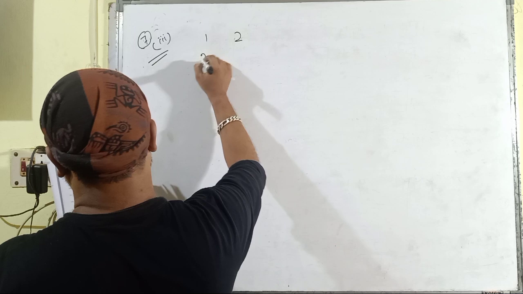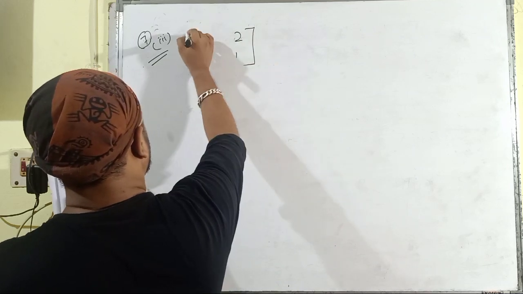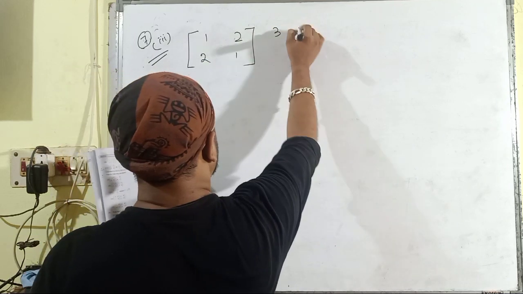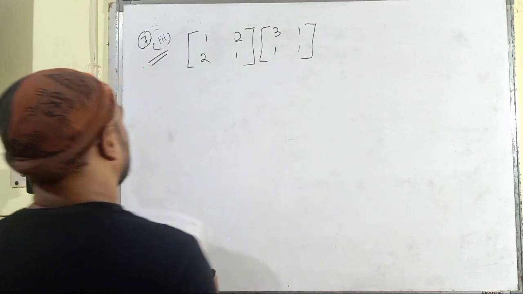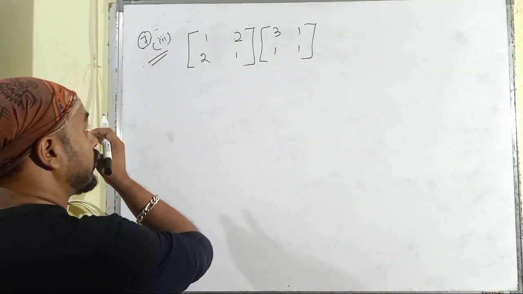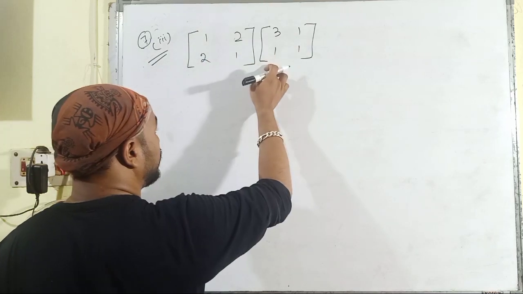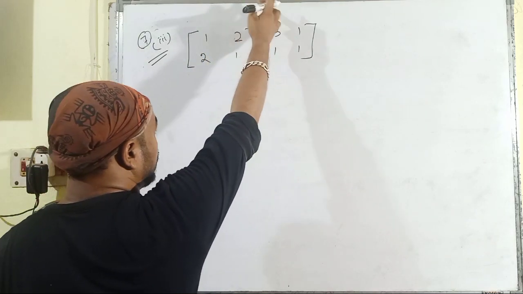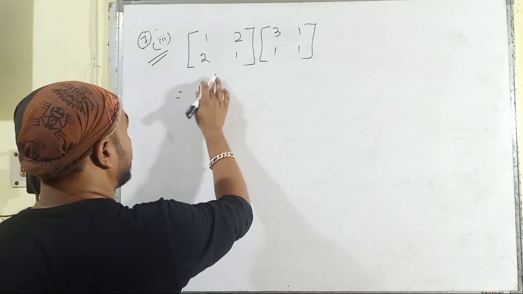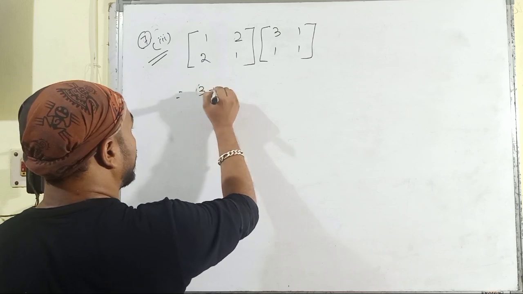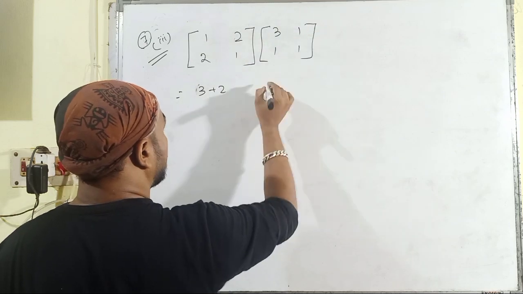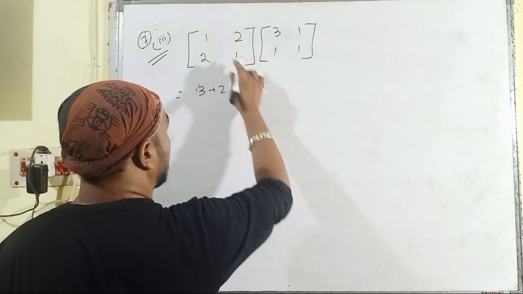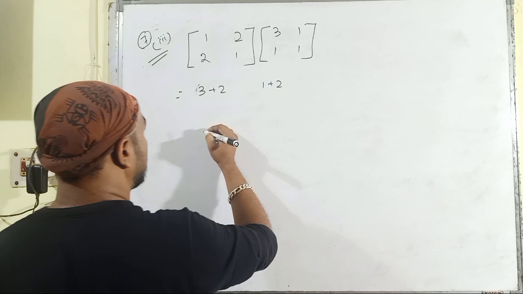1 2 2 1. Then the second matrix containing the elements 3 1 1 1. So first of all we have to multiply this row with this column, the corresponding elements. So it is 1 into 3, it is 3, plus 2 into 1, it is 2. Then 1 2 with 1 1, it is 1 into 1, it is 1, plus 2 into 1, it is 2.